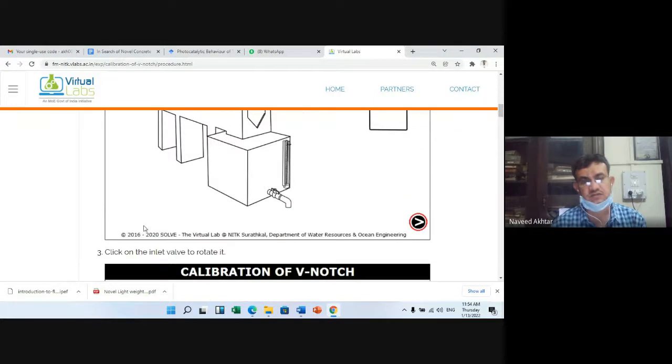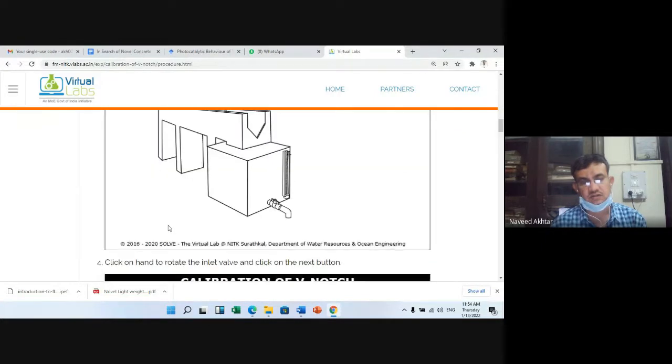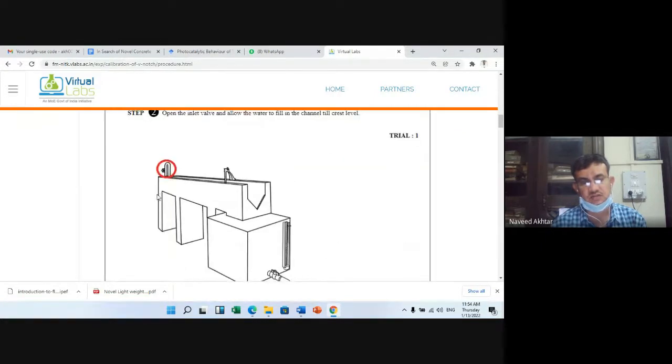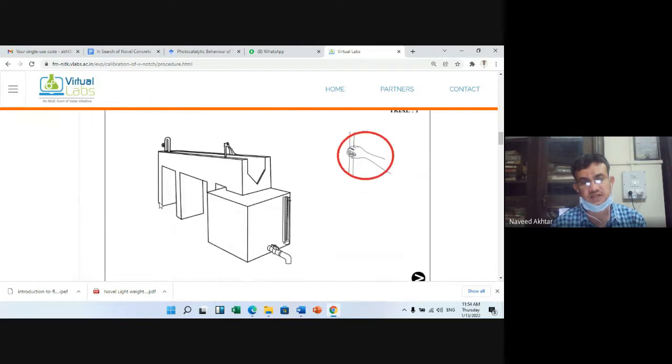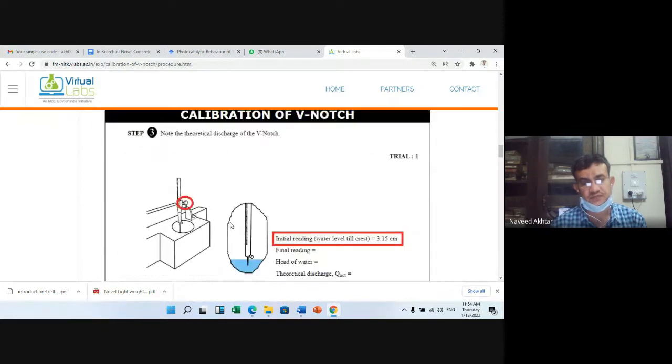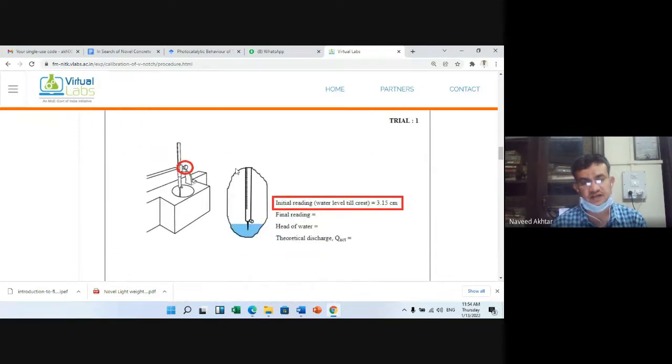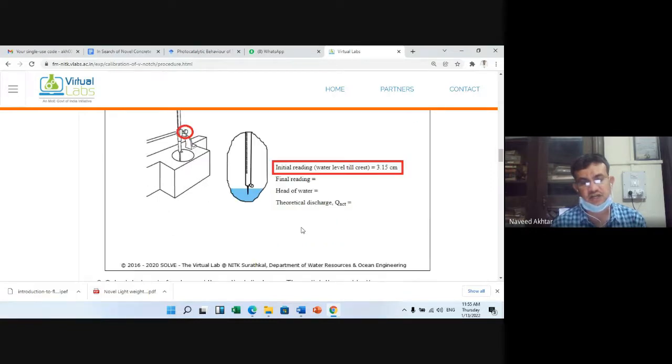Now you can open the valve and start the supply. Then take the initial and final readings of the flow below the crest: the initial reading, and the total height from the bottom is the final reading. Head of water is H1 minus H2.